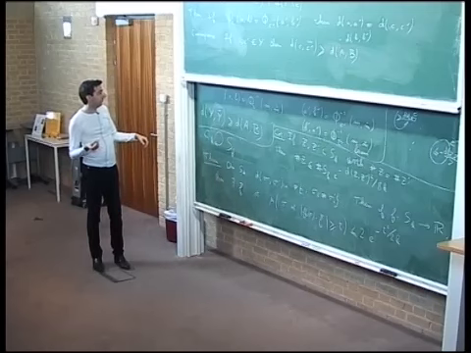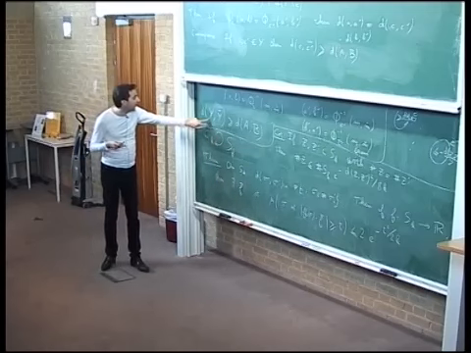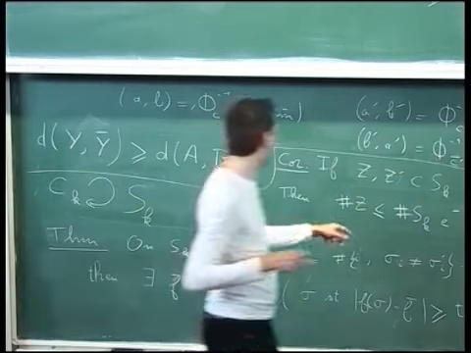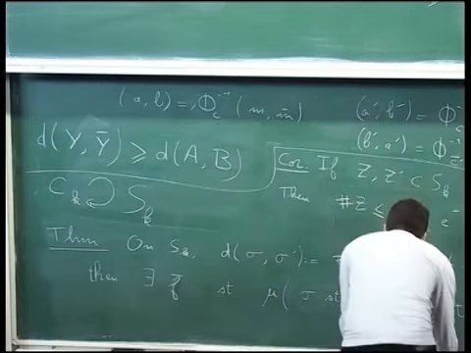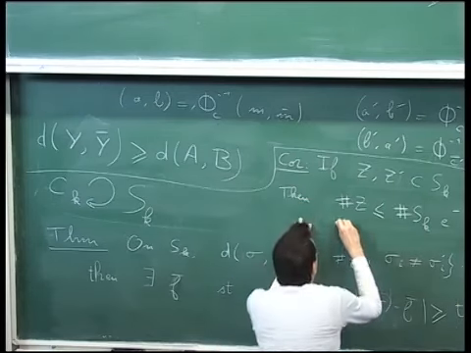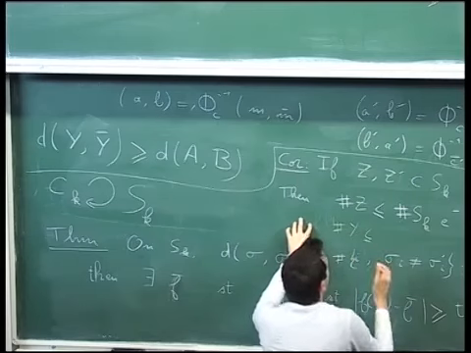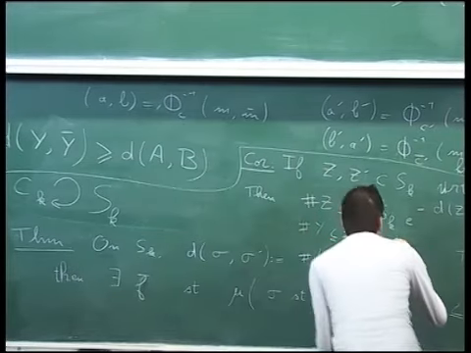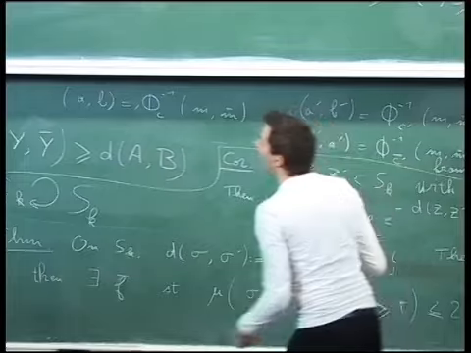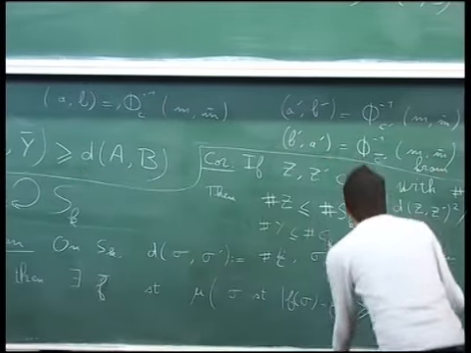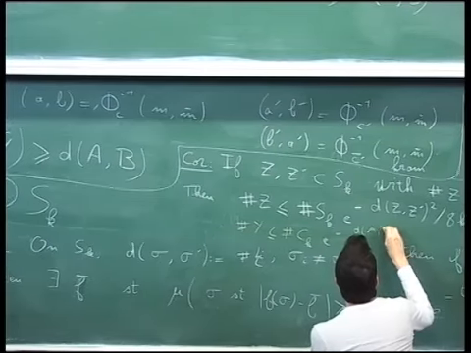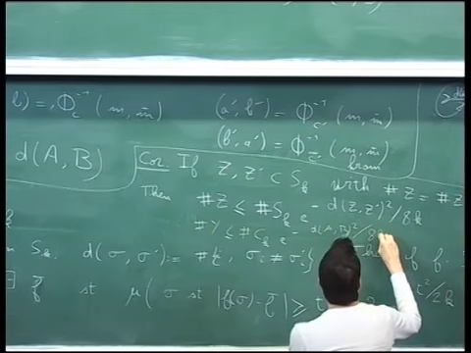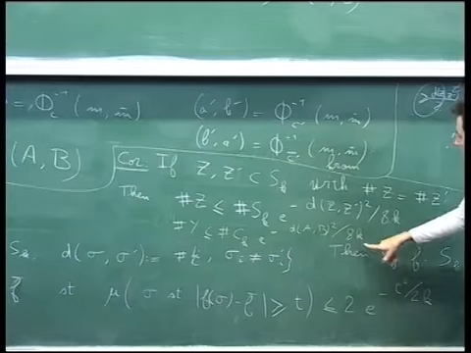In the end, you get that the size of y is smaller than the size of Ck times exponential minus the distance from y to y bar, which is at least the distance from A to B, squared over 8k. And of course, this depends on k.